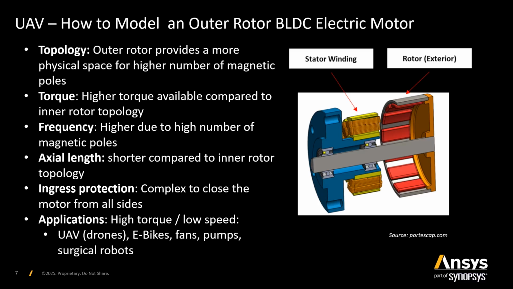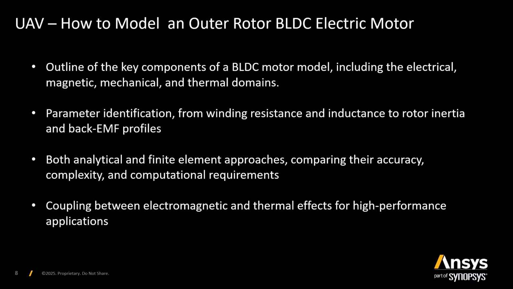It's useful to mention that besides the UAV application, such topologies are very well suited for other high-speed, low-speed and high-torque applications. So we are talking about e-bikes, fans, pumps, or surgical robots. Today we are going to look at the key components of the BLDC motor, how we model this outer rotor topology in the ANSYS workflow, and how we calculate different parameters of the machine.